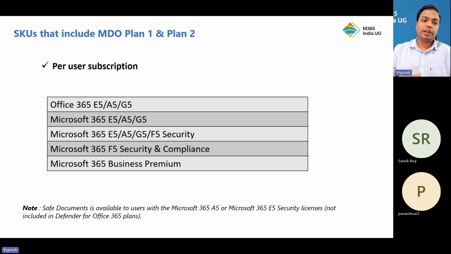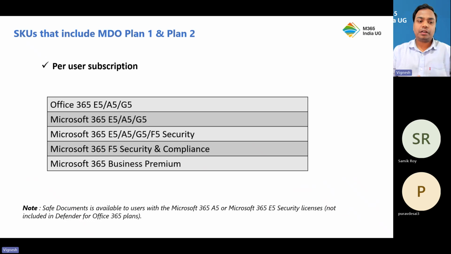So, the SKUs that include MDO Plan 1 and Plan 2. I'm pretty sure some of you might have been following the webinar series and started spinning up your demo environments. If you haven't done this already, these are the SKUs that you would need to plan for if you're trying to do a demo alongside us, or even if you're trying to adopt this capability for your production environment.